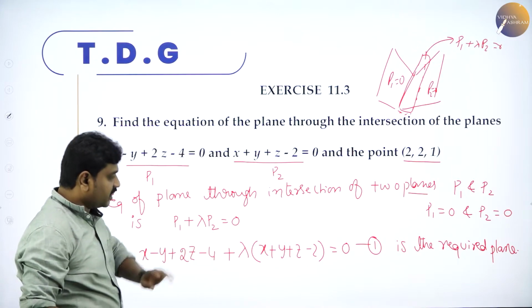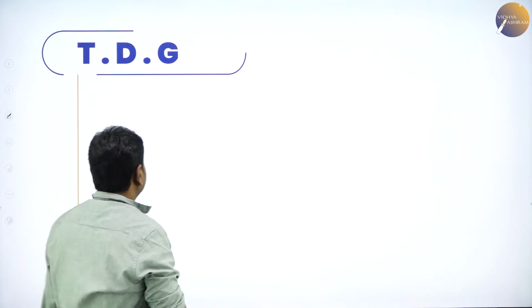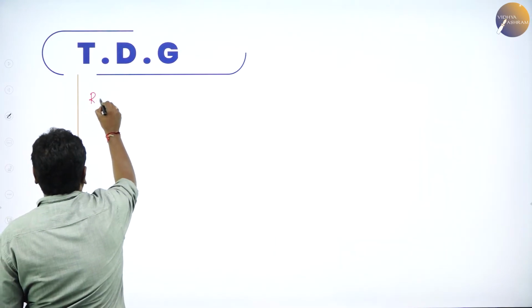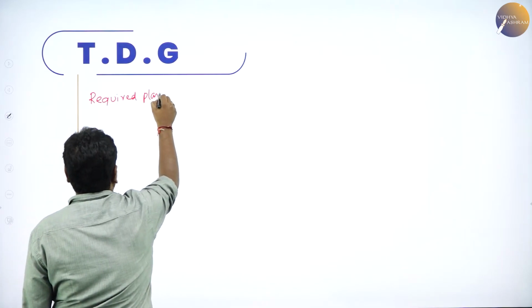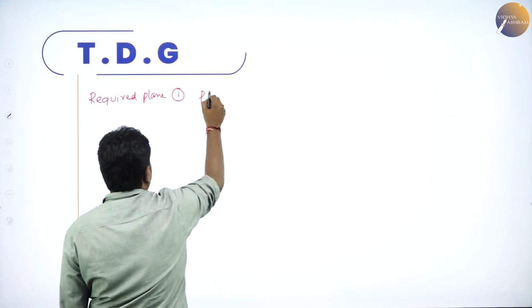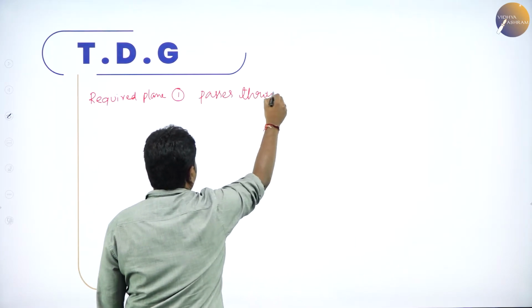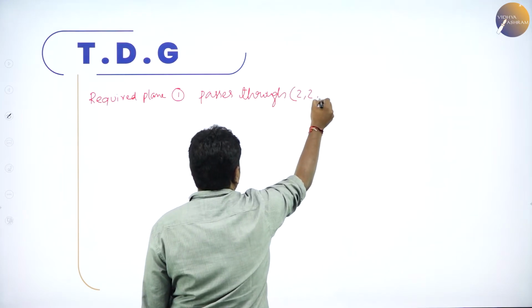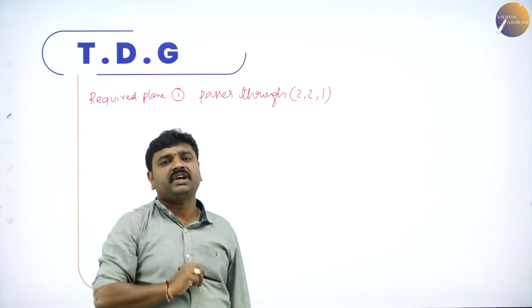Now our task is to find lambda. To find lambda, they gave a hint: it passes through 2, 2, 1. So the required plane, equation 1, passes through the point 2, 2, 1. If any plane passes through a point, you can substitute the point in the plane equation.